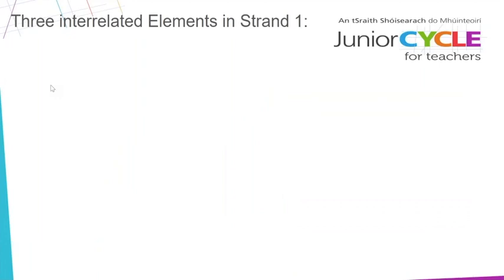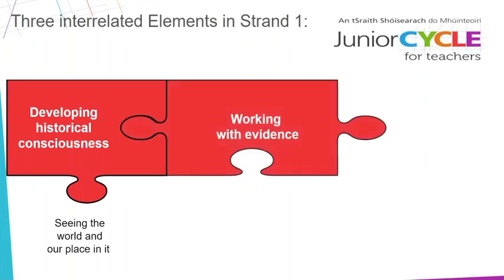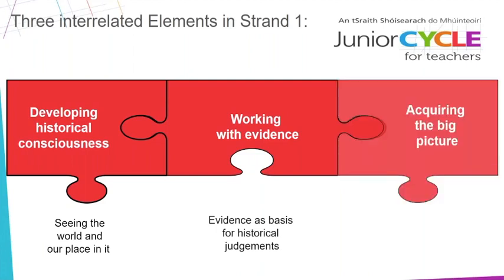The first is developing a historical consciousness, which helps students see the world and their place in it. The second is working with evidence, which helps students realise that evidence must be the basis for all historical judgments. And finally, the third element serves to share with students an overarching framework of the past.